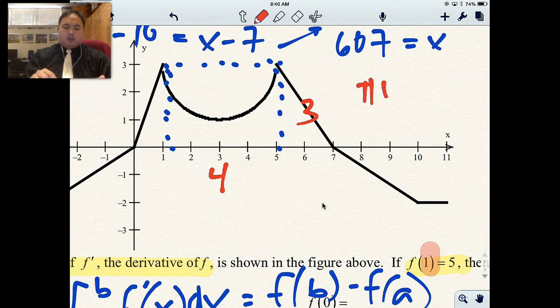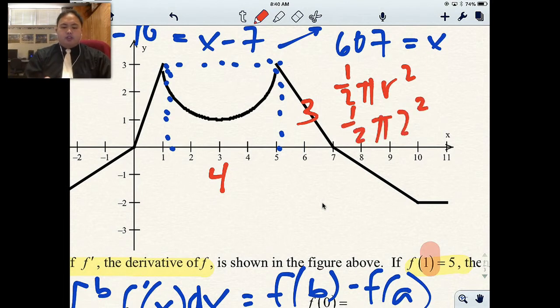Remember, the area of a circle is pi r squared, but I want half of a circle. This particular circle has a radius of 2. So half pi of 2 squared, which is 4. And then half of 4 is 2. So the area of this circle is 2 pi. The whole rectangle is 12. So the area under the curve is going to be 12 minus 2 pi.